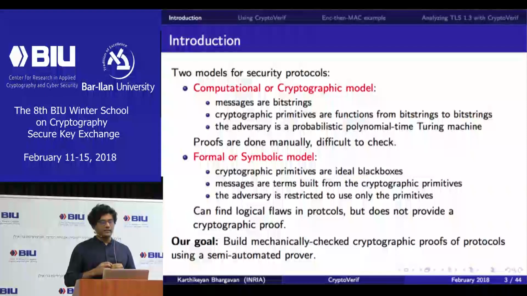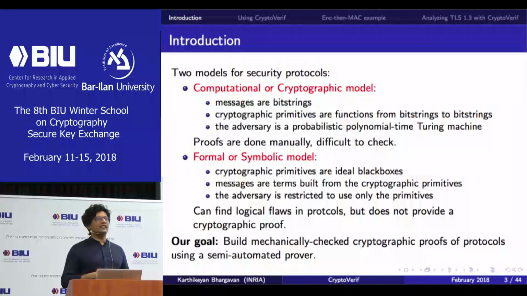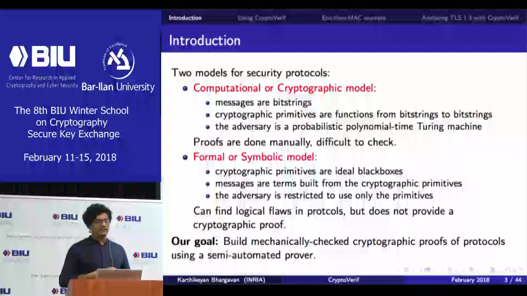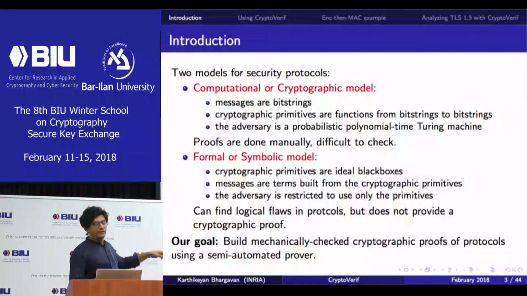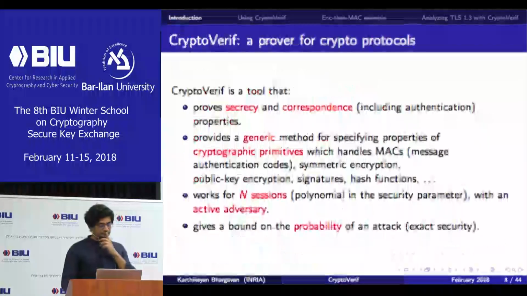Messages are just terms built using an algebra, and the adversary can only use those primitives, with no ability to guess secrets and so on. So they are good for finding logical flaws in protocols, but do not provide a crypto proof. So now the goal is, can we use the same kind of models but actually prove things in the computational model, which is where we want our crypto proof to be?